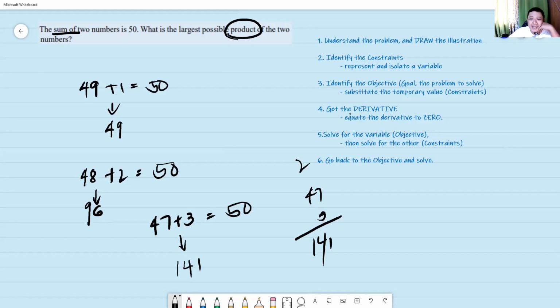Sige nga. Without even doing the manual computation in derivatives, what do you think are those two numbers whose sum is 50, but the product is the largest?